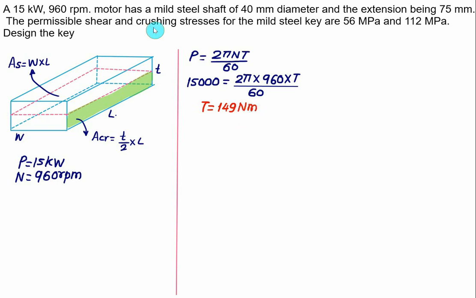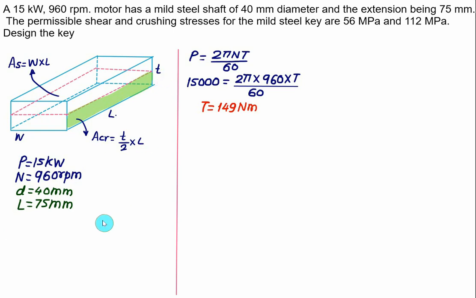We have given here the shaft diameter D equal to 40 mm, and the length of the key is also known, equal to 75 mm. We know the standard dimension here: W is normally taken as D by 4 and T is taken as D by 6.